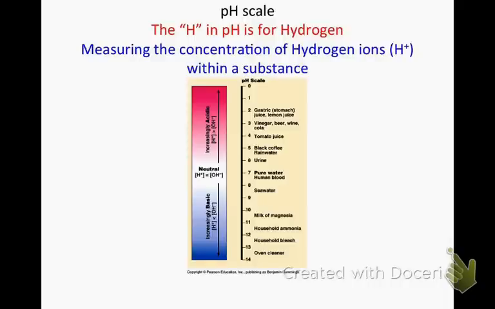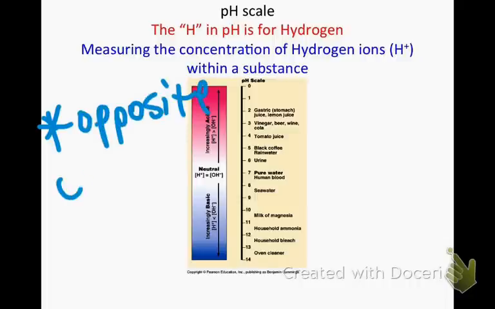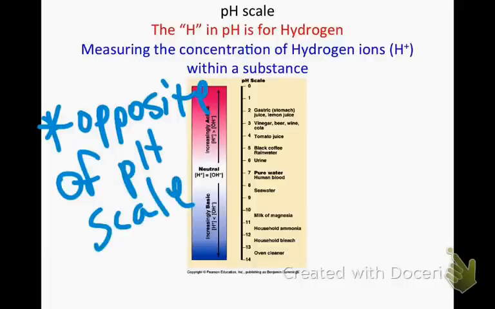Well, it's 0 to 14 too. Put a note beside where it says pOH scale: put opposite of pH scale. They are opposite of each other. Whatever something is on the pH scale, it's the opposite on the pOH scale.